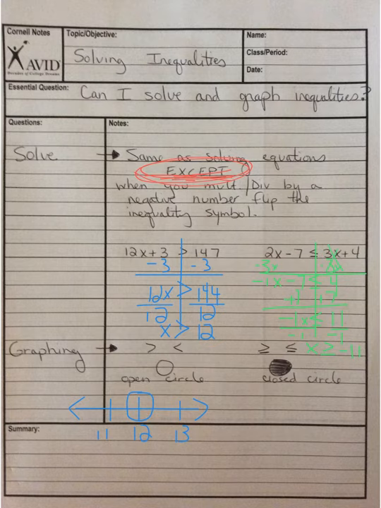Make it very clear on your graphs so I know that it is an open circle. And x is greater than 12. Well, ask yourself, is 11 greater than 12 or is 13 greater than 12? Well, we know 13 is, so we're going to shade to the right. And that's it. That's the graph that goes with solving that inequality.